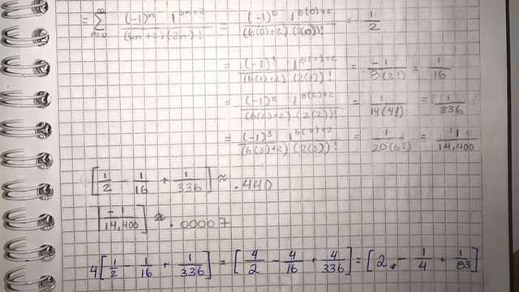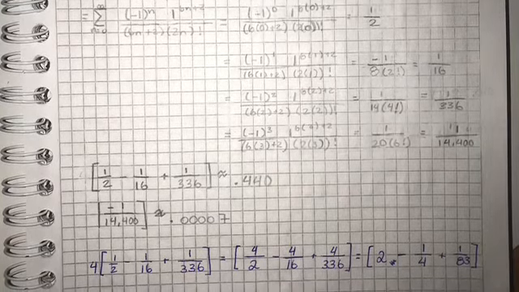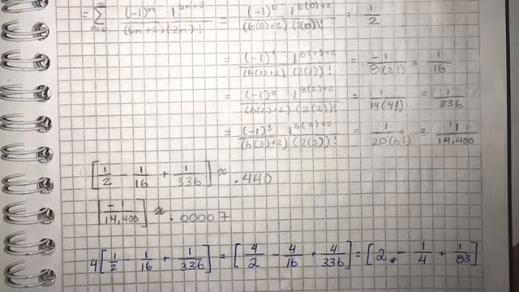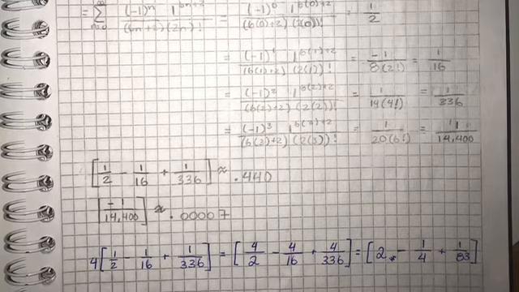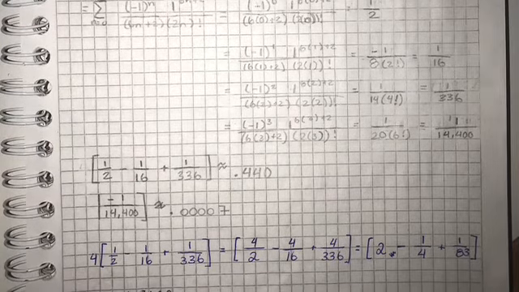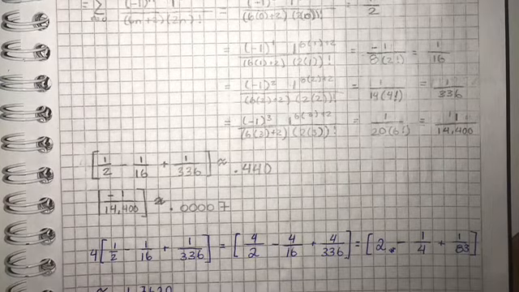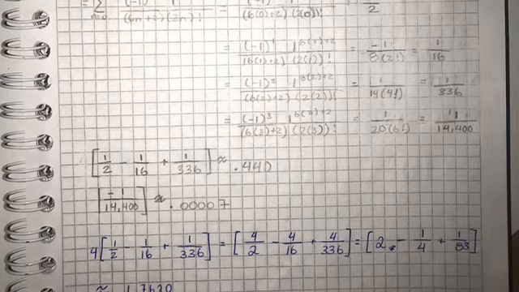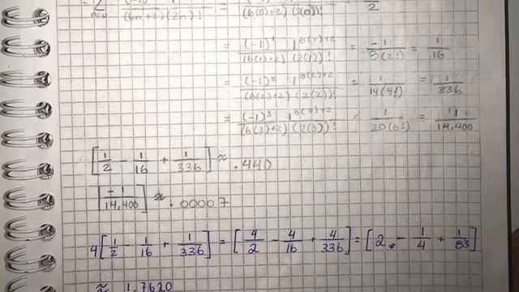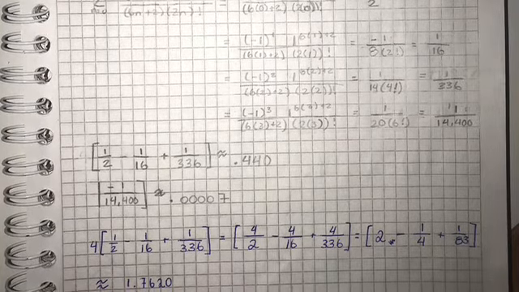That will be 1/2 minus 1/6 minus 1/16 plus 1 over 336. That will give us almost 0.440. Also, if we divide 1 over 14,400, it gives us 0.0007, proving that we're on the correct way.